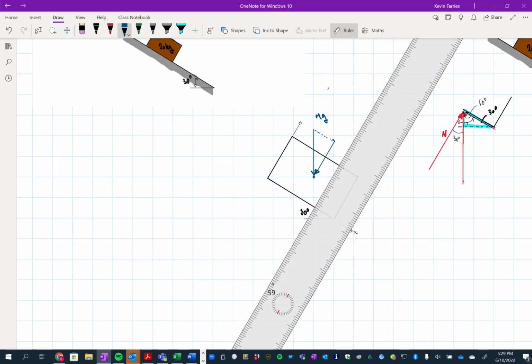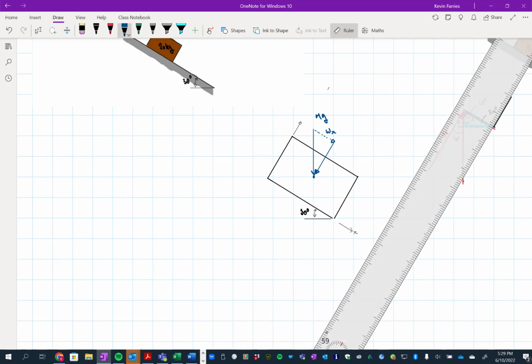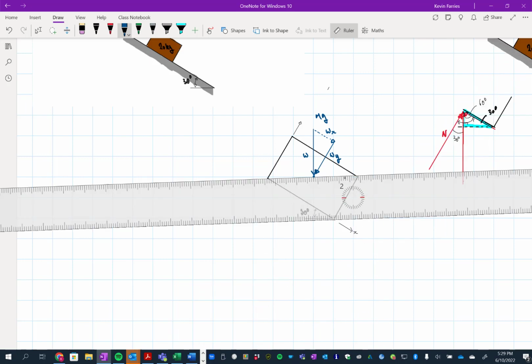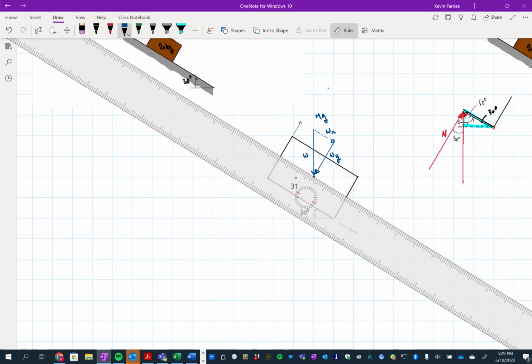We can call that Wx, the component of weight in the x, and this can be Wy. In fact, that Wx is acting down here, so it's really here.